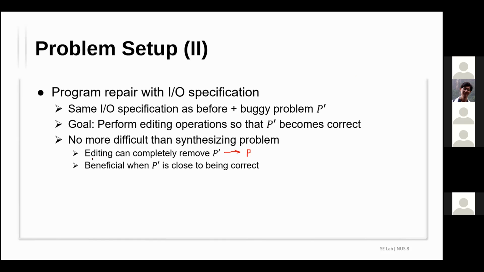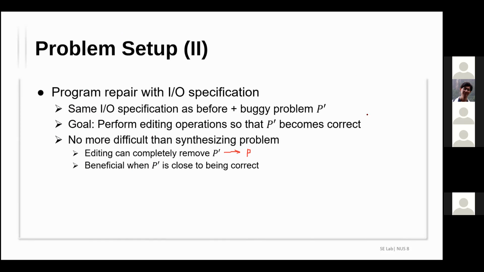Because of how editing is done, I can delete line by line and insert line by line. So it's no more difficult than the synthesizing problem. It's equivalent to the synthesizing problem. But in this case, at least we know the buggy program can satisfy at least a partial set of input output pairs, right? Correct. Yeah.